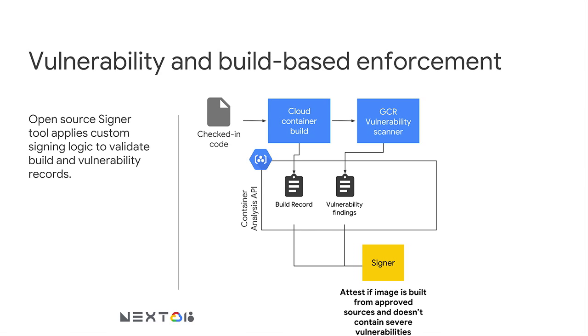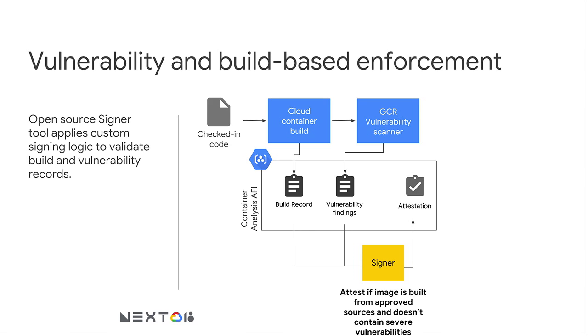So the way it works is the user will take the signer and apply their own custom configuration. They say things like, in a build record, I will only sign a container to be okay to deploy if the source comes from these following 3 repositories. Or I would only sign a container to be vulnerability state ready if it does not contain critical vulnerability findings.